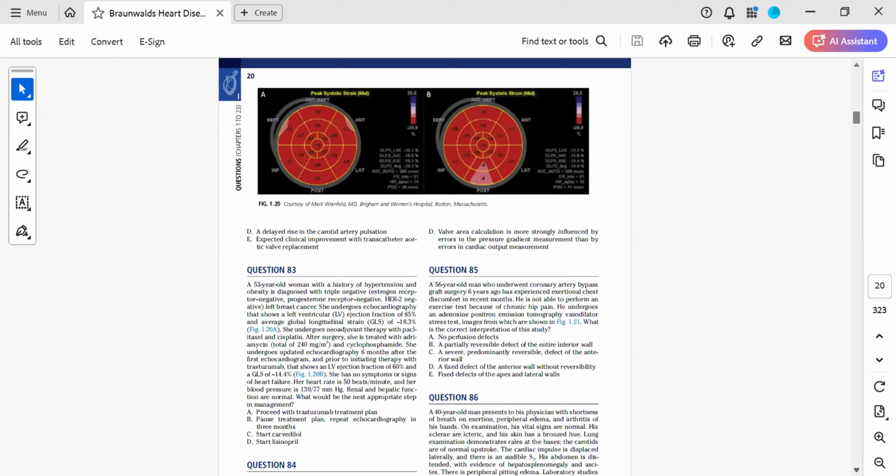Thank you very much. So D, a delayed rise in carotid artery pulsation. I'll say that is false too, because we can see a steep rise in that arterial pulsation. The aortic pulsation and the carotid pulsation should be the same if there are no obstructions or stenosis between both.